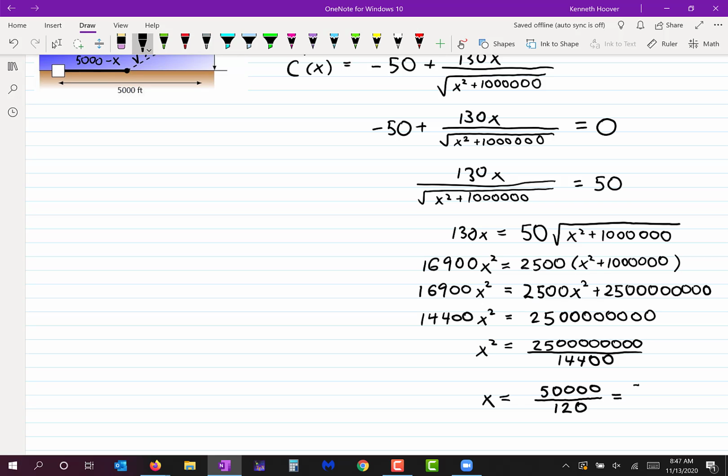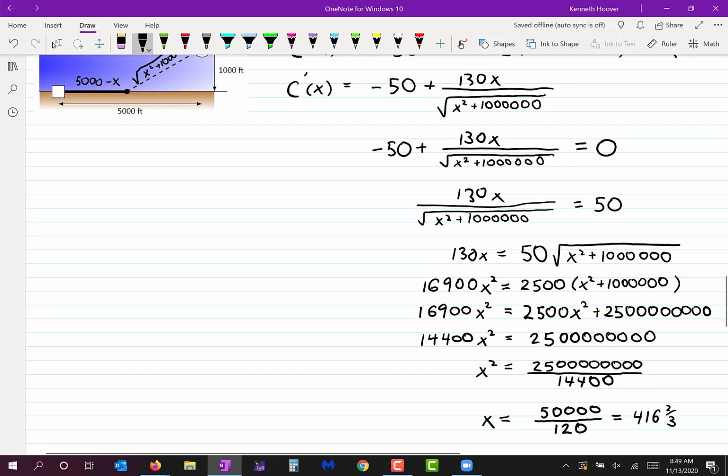That would be 5,000 over 12, and I can even reduce that further. That actually comes out to be, let's write it as a mixed number, 416 2/3. Okay, so that's what x equals.